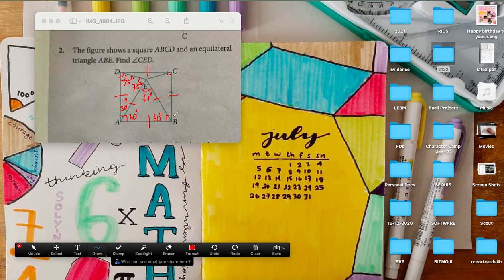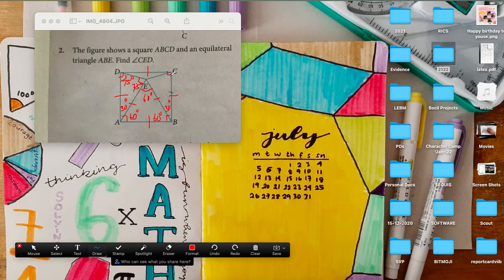Now move on to triangle BEC. In the triangle BEC, we can see it is also an isosceles triangle with this angle B being 30 degrees. Since angle B in the square ABCD is 90 degrees, if B is divided into two parts and one of the parts is 60 degrees, then the other part is 30 degrees.